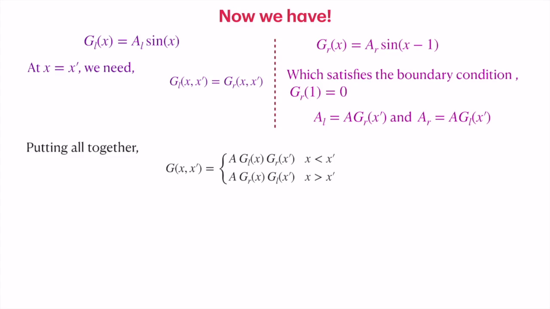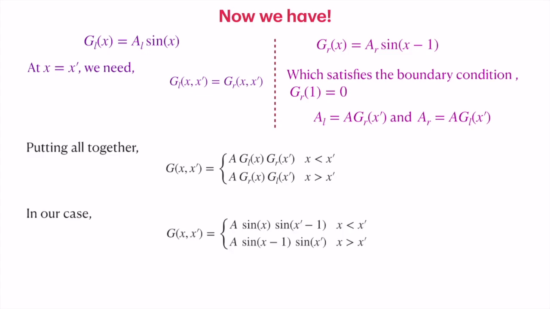Putting it all together, we have our Green's function which satisfies the boundary condition on both sides and matching at x equal to x prime. It is given by g(x, x prime) equal to A g_L(x) g_R(x prime) when x is less than x prime, and when x is greater than x prime, A g_R(x) g_L(x prime).